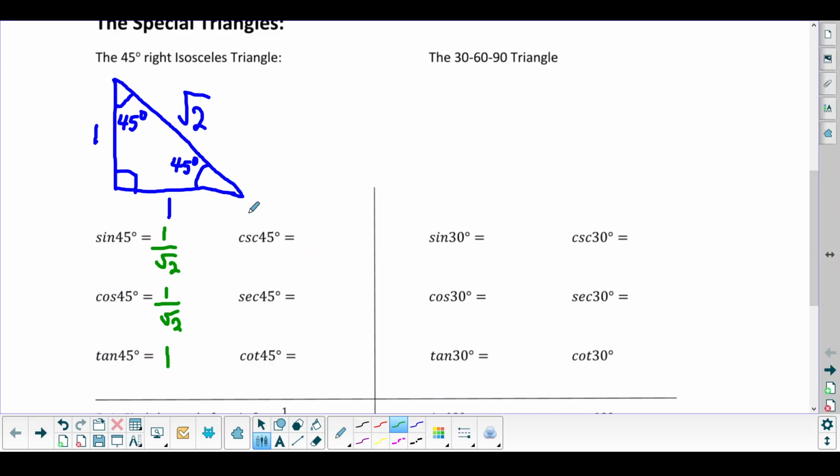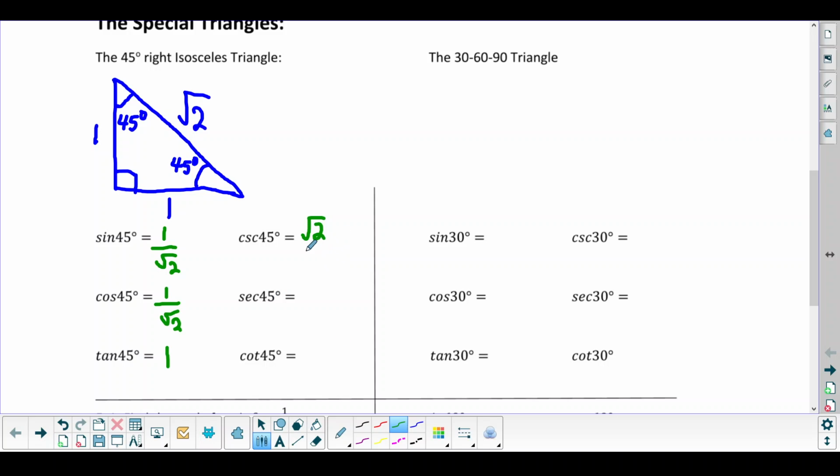Okay, so now we need the reciprocal ratios. So let's recall that cosecant is 1 over sine, so it's the reciprocal of sine 45. Sine 45 is 1 over root 2, so cosecant 45 is going to be root 2 over 1. And you may or may not write the over 1 part.